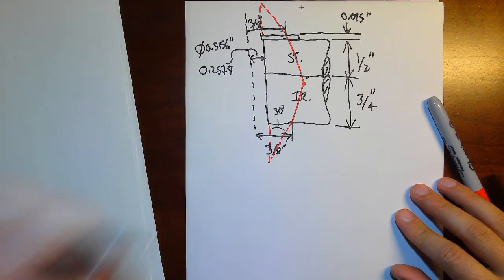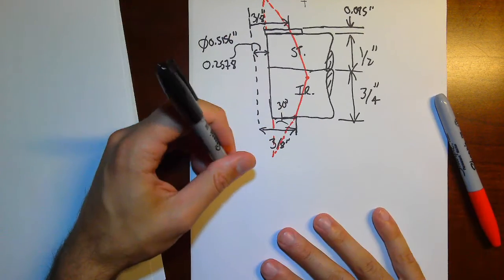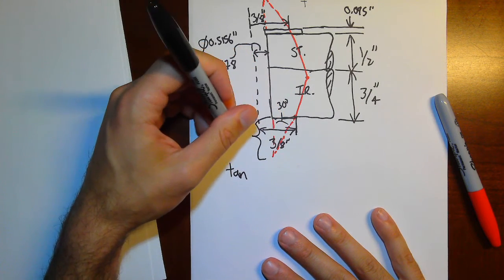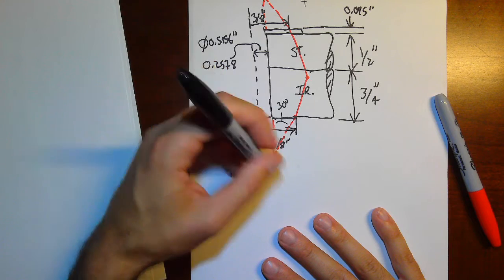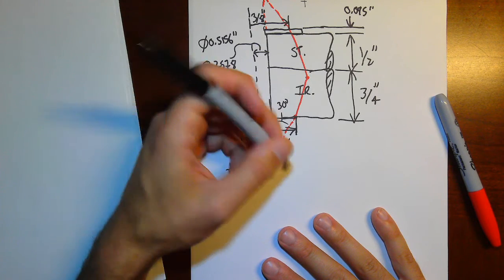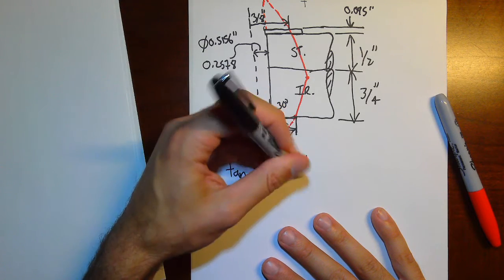So if I know this width, I know my angle. Well, I call this y. Tangent of 30 degrees for this little triangle here would be 3/8 of an inch over y.